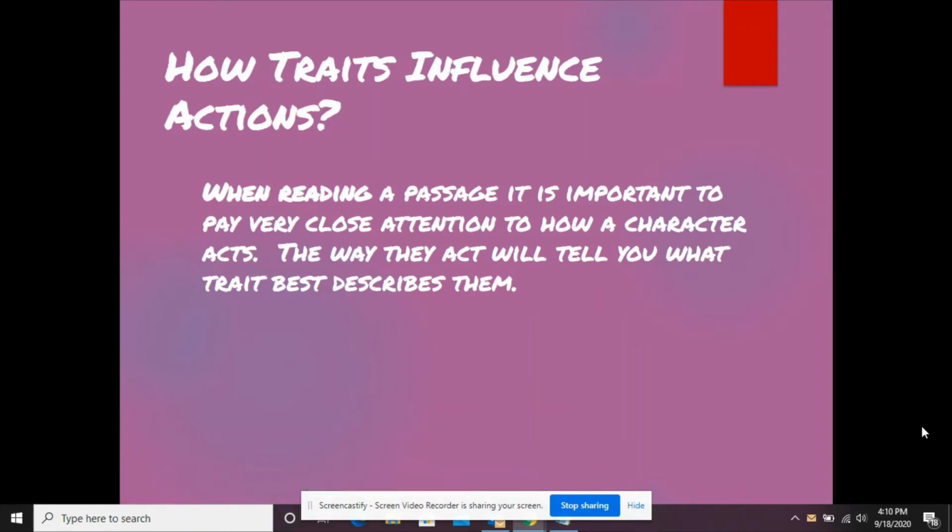Somebody that is really active and doing what they're supposed to do and is always ready, maybe we will describe as energetic. Now remember, these are internal traits. We cannot see these traits, but we can actually see the action. And that is the way that we can analyze our characters.